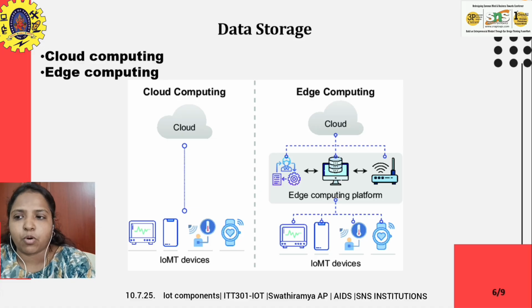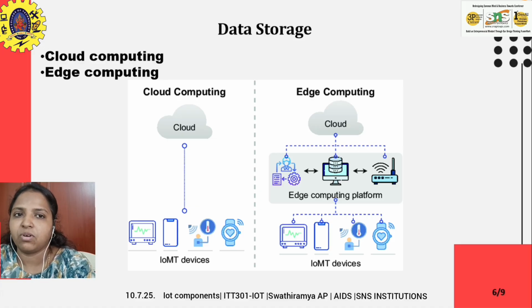When the data is processed at the edge of the network, near the data source, to reduce latency and bandwidth usage, it is termed edge computing. If the data is sent to a cloud server where it is processed, analyzed and stored, it uses platforms like Amazon Web Services AWS IoT and Microsoft Azure IoT. These clouds can also be used to process the data. So there comes data processing, which is also one of the components of IoT.